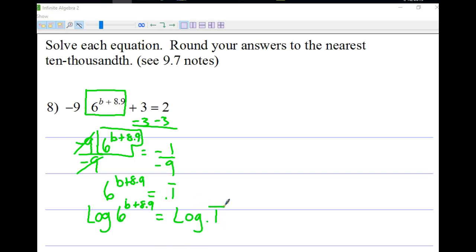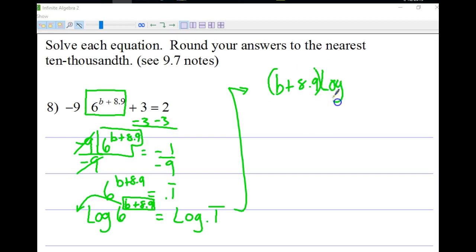Well, there's a log rule that tells us when you have the log of an argument and your argument has an exponent, you could take that exponent and move it to the front. And so that's going to change our expression into the following. b plus 8.9, our exponent's now in the front, of log 6 equals log of 0.1 with a bar over it, meaning it just keeps going.